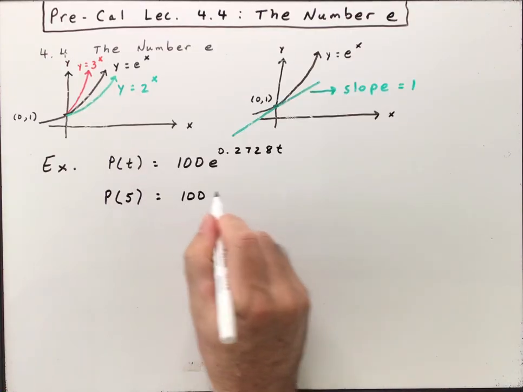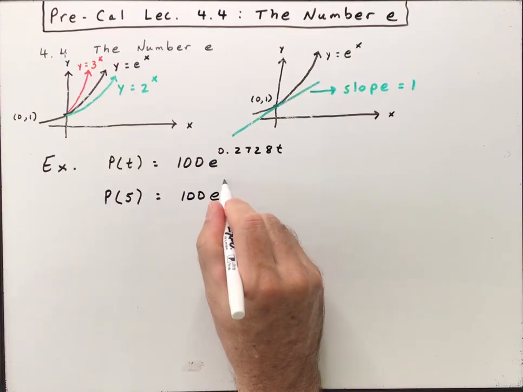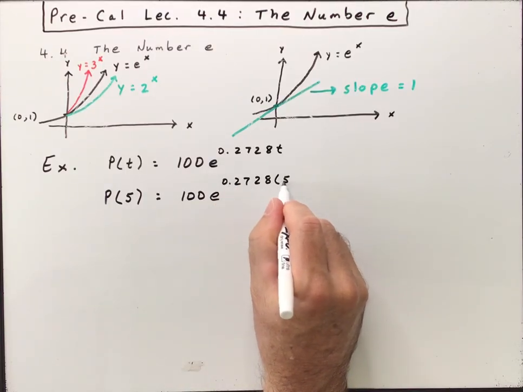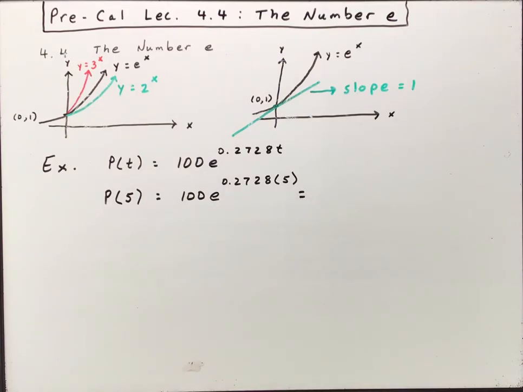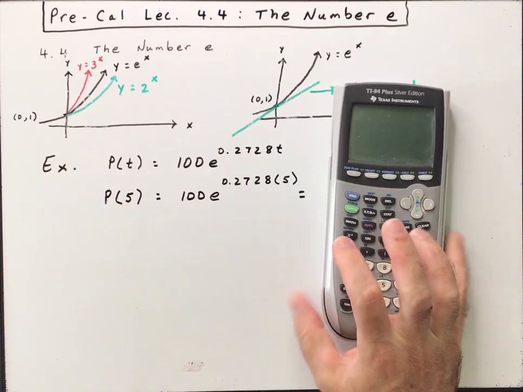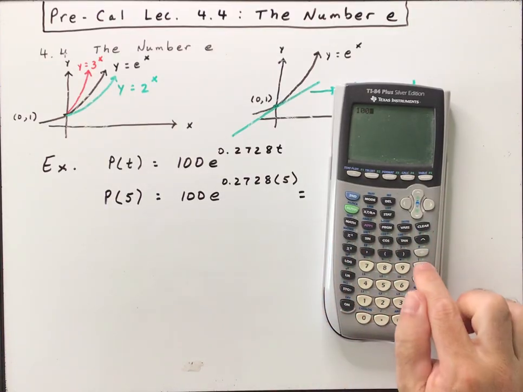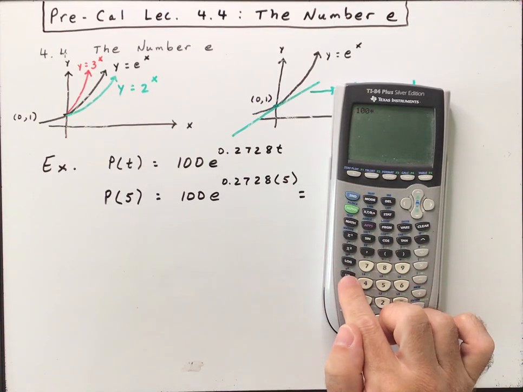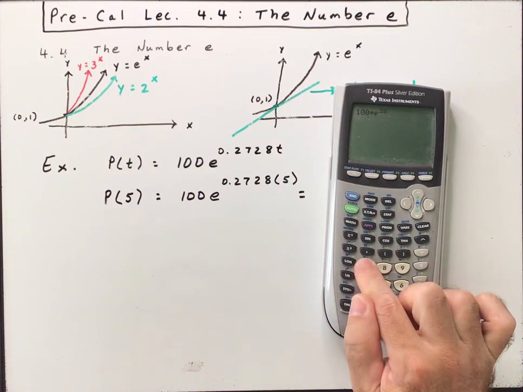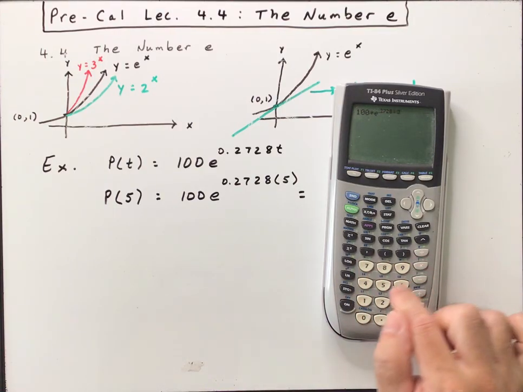So that's going to be 100 e to the 0.2728 times 5. All right, so let's clear out our previous one. We've got 100 times second function, hit the natural log key, so e, 0.2728, and then times 5.